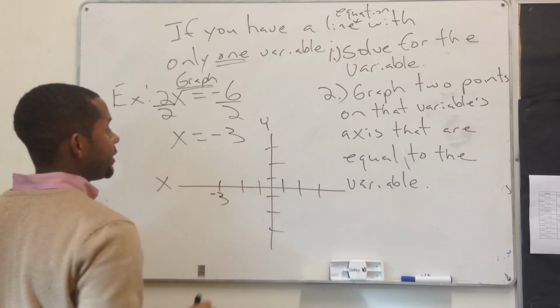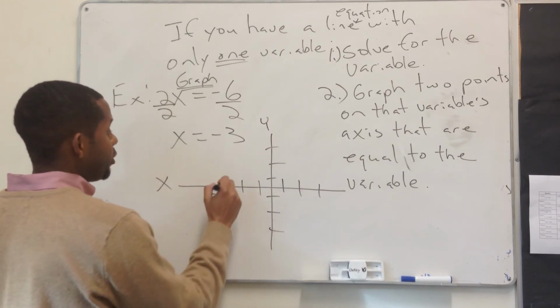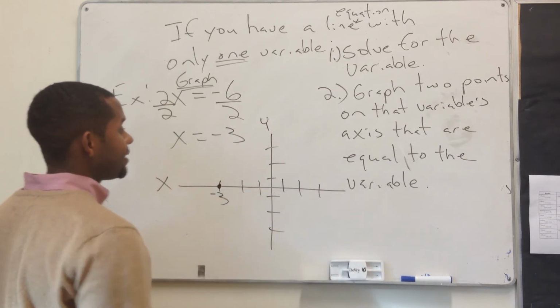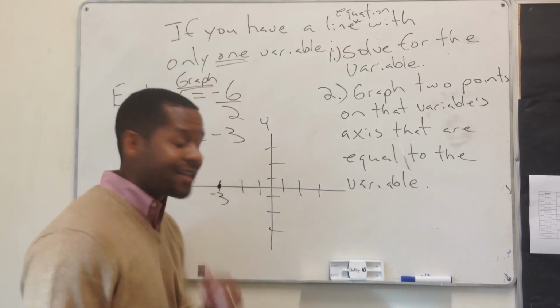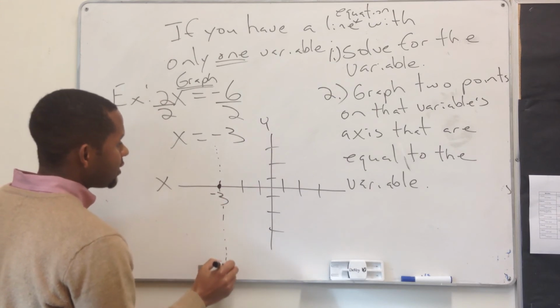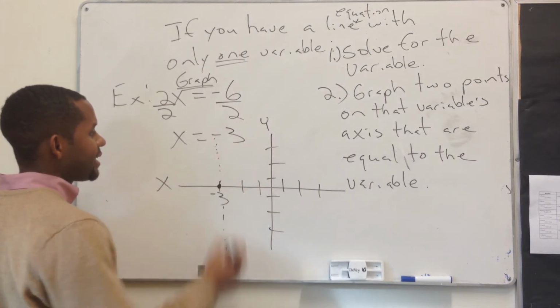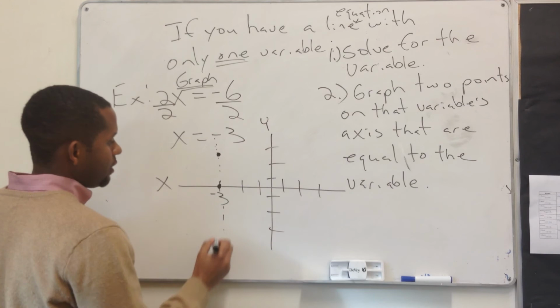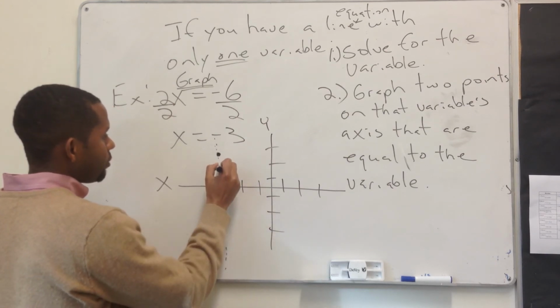Here is negative 3 on the x-axis. I put 1 point at negative 3 on the x-axis. I put the second point also anywhere else that corresponds with negative 3 at the x-axis. So I could put it here, I could put it here, I could put it here.